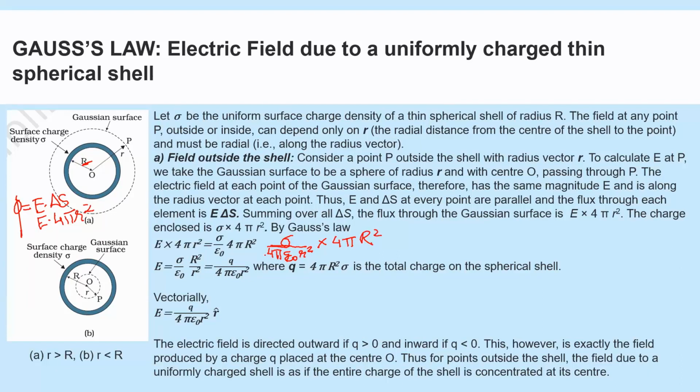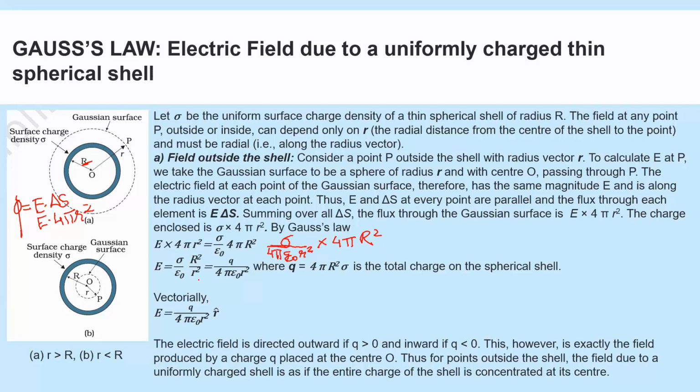Your 4 pi is going to get cancelled out. What you are going to be left with is the surface charge density, epsilon 0, the permittivity, and the square of the radius of the spherical shell, over the square of the radius that we are considering for the Gaussian surface.